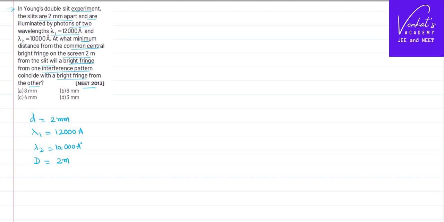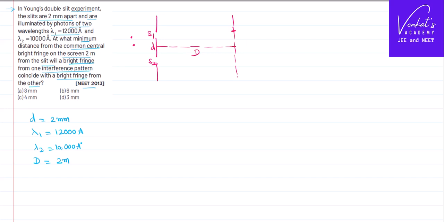So what is being said here, if you try to understand carefully, is that light from the source passes through Young's double slit experiment with slits S1 and S2. These slits are separated by a distance d, and on the screen, which is at a distance of capital D, an interference pattern is formed.